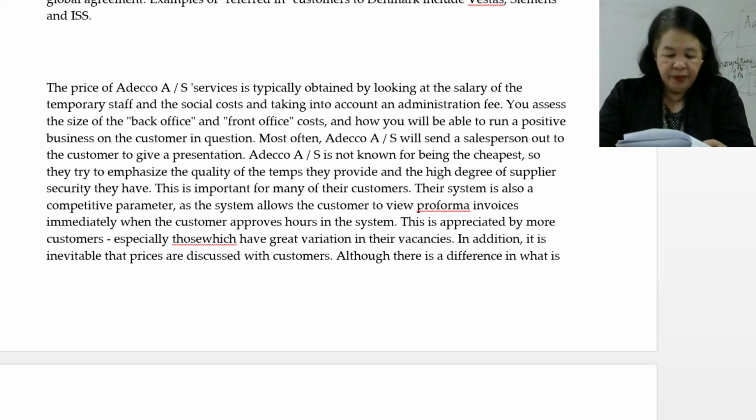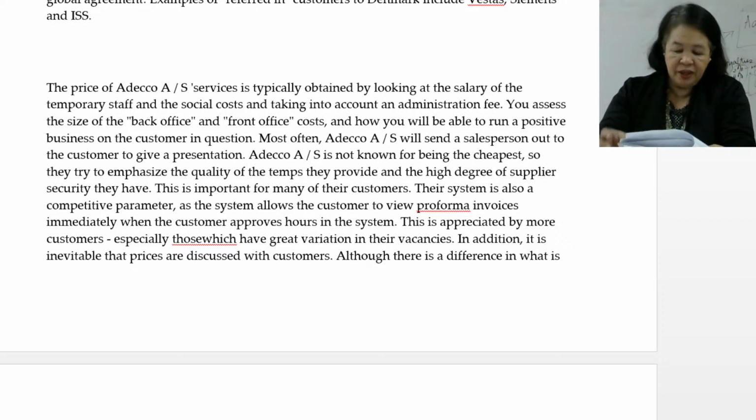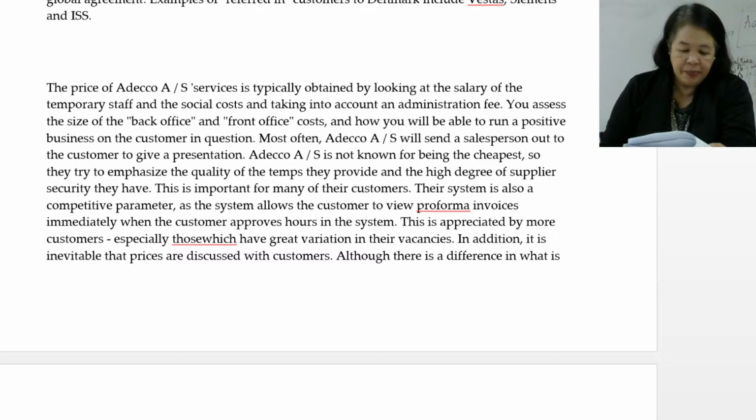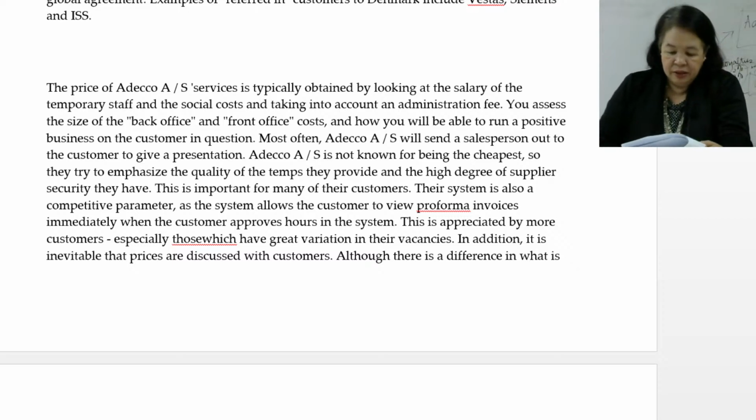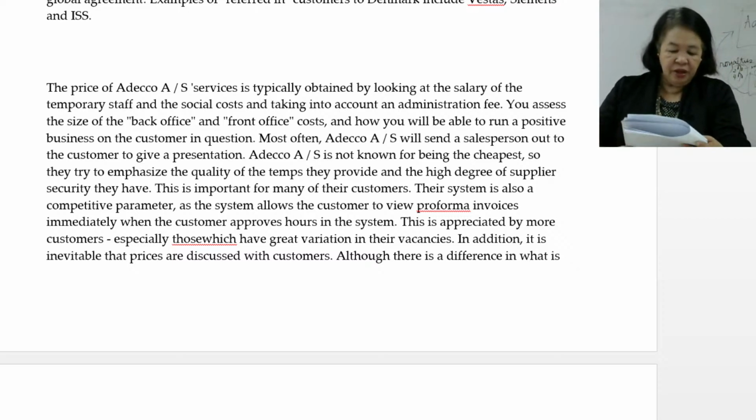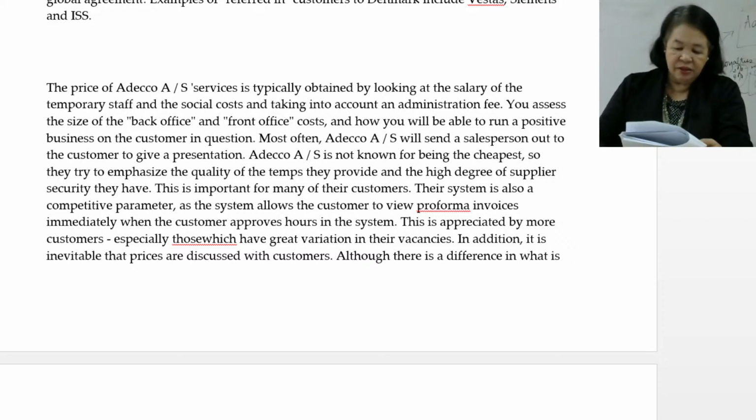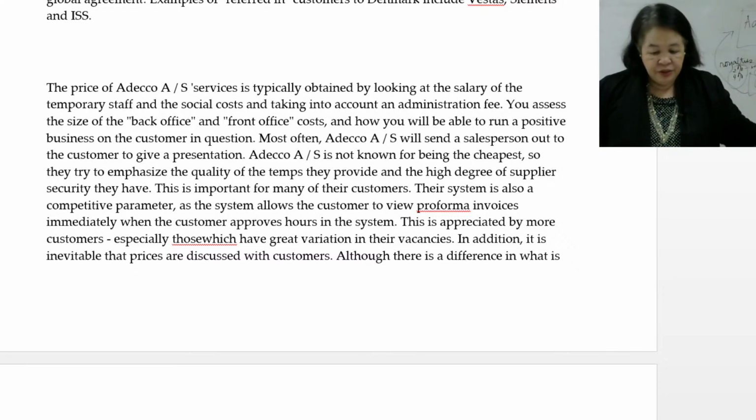Their system is also a competitive parameter as the system allows the customers to give pro forma invoices immediately when the customer approves hours in the system. So this is appreciated by more customers, especially those which have great variation in the vacancies.